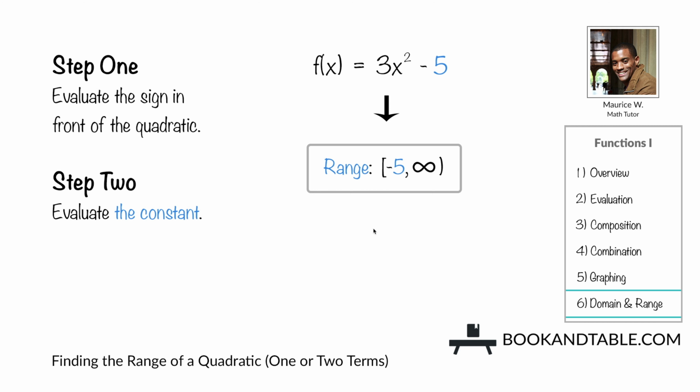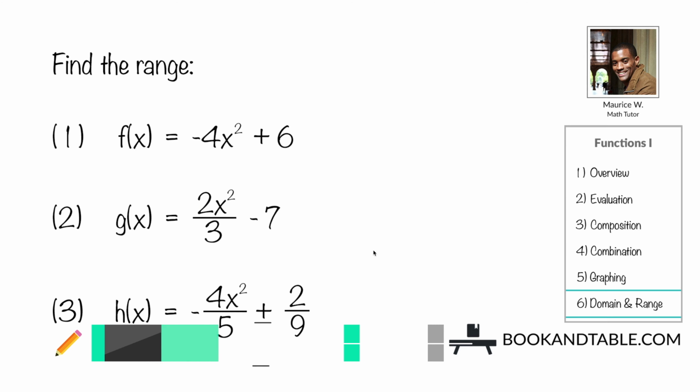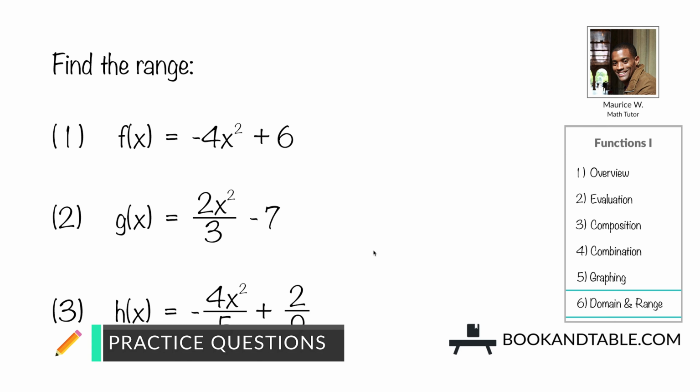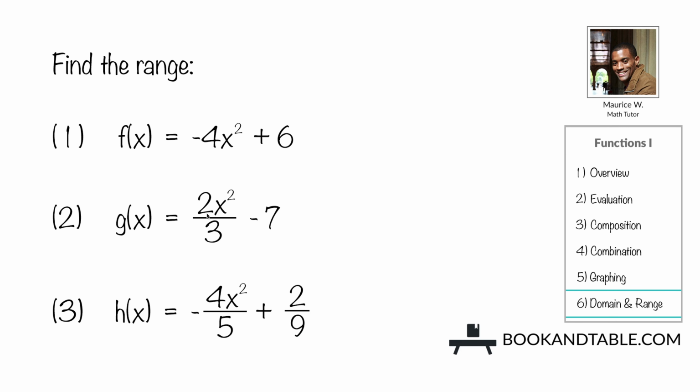So that is how we go about finding the range of a quadratic that has 1 or 2 terms. Let's now have you complete a few practice questions. Question number 1, find the range of f of x, which is equal to -4x squared plus 6.